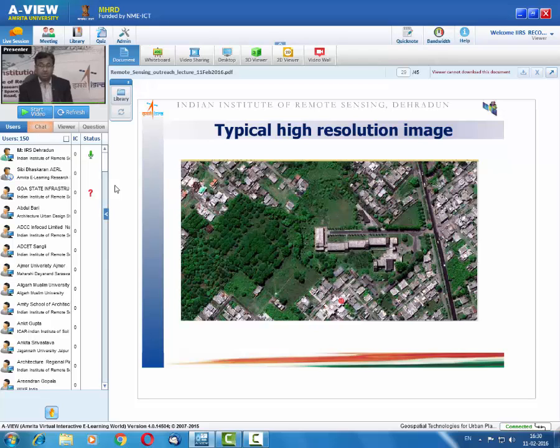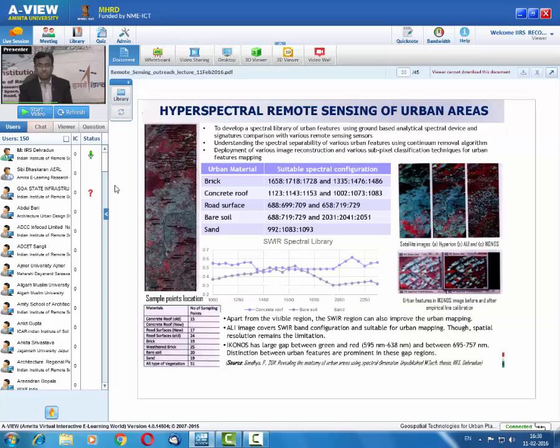Now you are able to see a typical phenomenon in an urban environment where buildings and vegetation are there, and these buildings fall in various categories, which we will try to understand in the subsequent lectures.